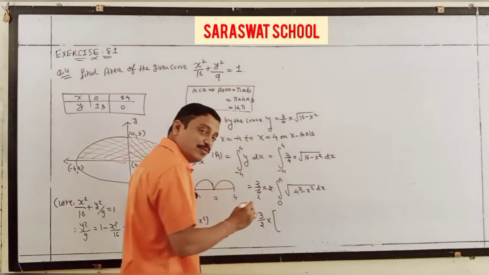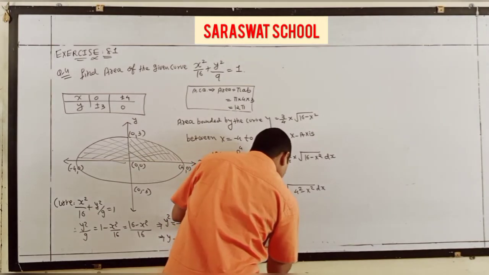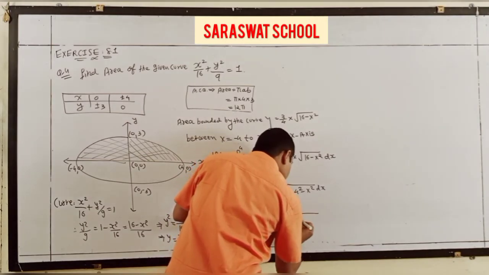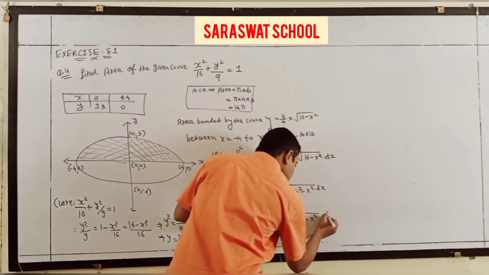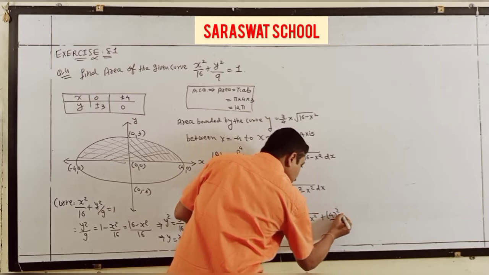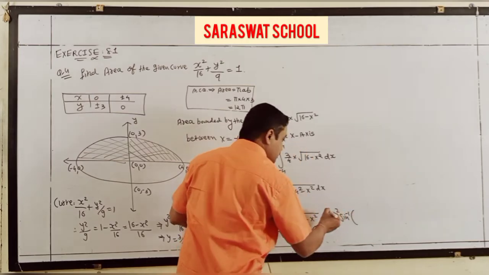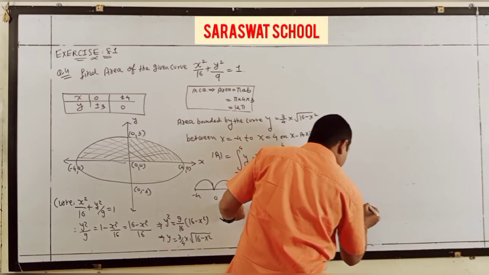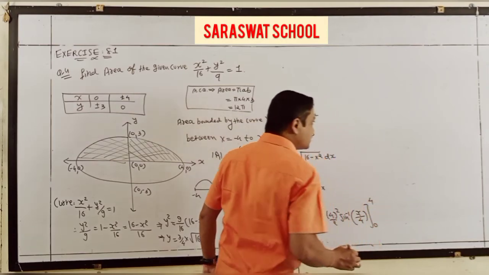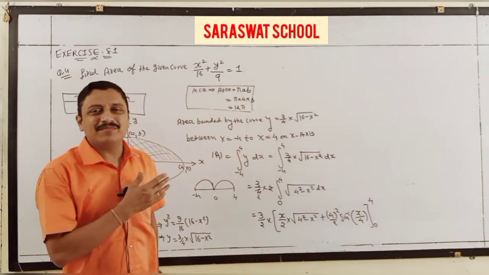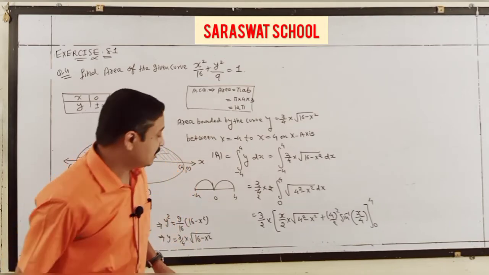And here the formula: x by 2 root a square minus x square plus a square by 2 sine inverse x by a, with boundary limits 0 to 4.